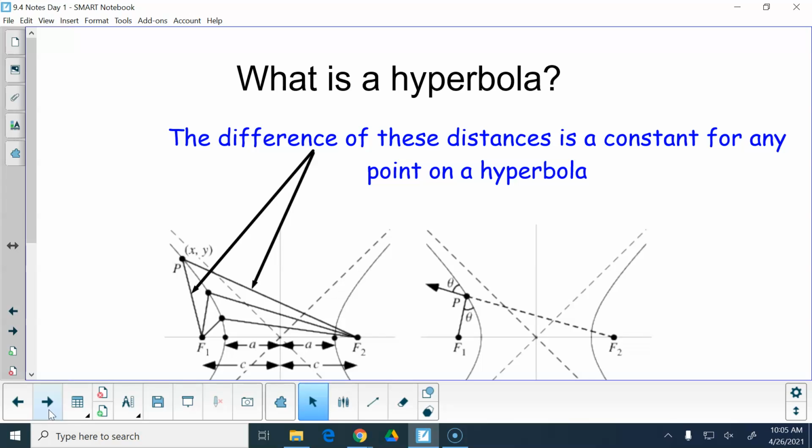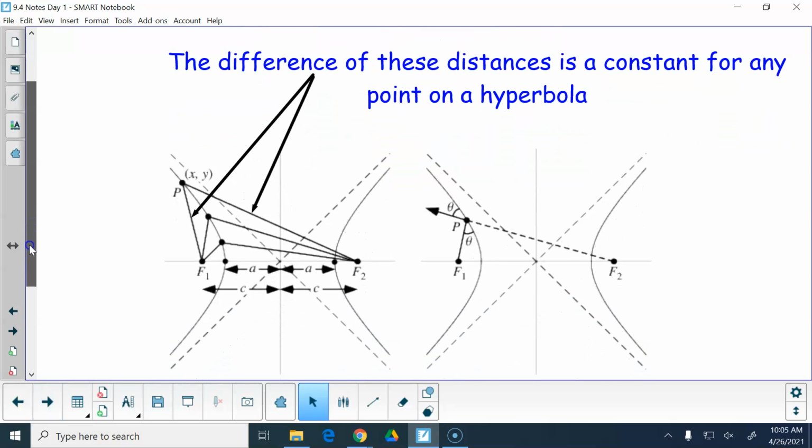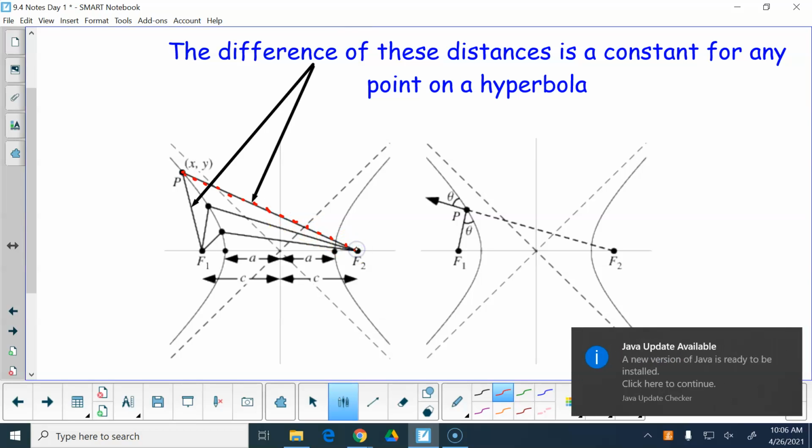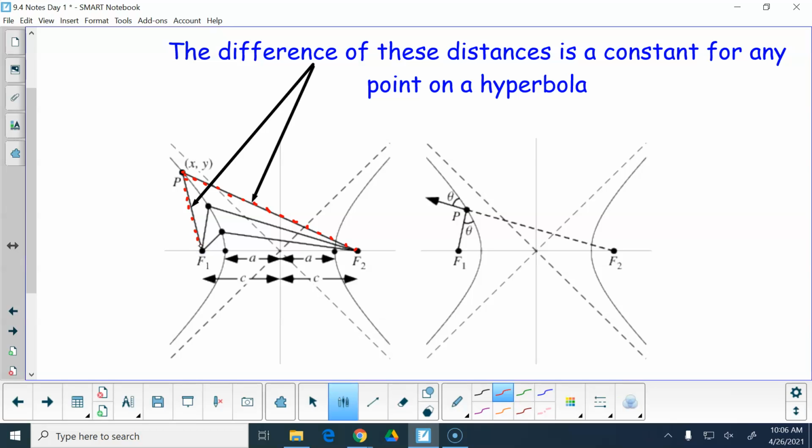So, in easier terms, from any point P right here, the distance to the far focus minus the distance to the close focus is the same for any point, no matter where that P is.